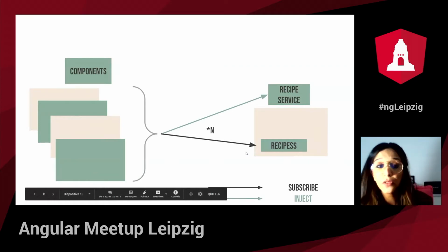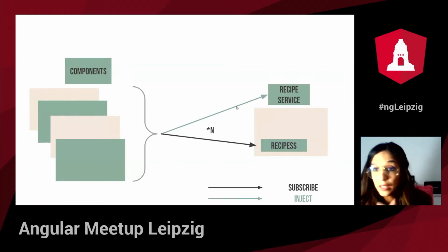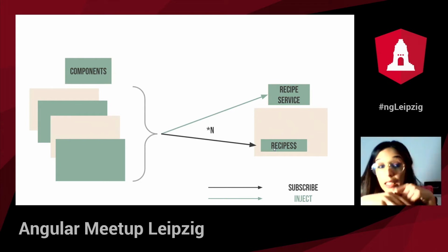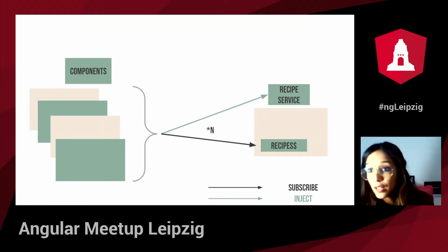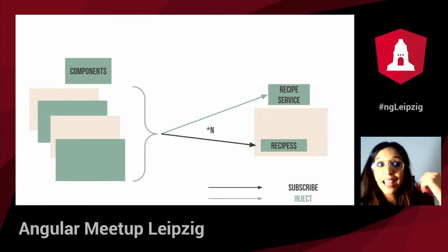So this way, every component that needs the stream will only inject the recipe service and subscribe to the stream, which is in a public attribute. Okay, so this way you have a living stream shared between all your components, and your application will be highly reactive.